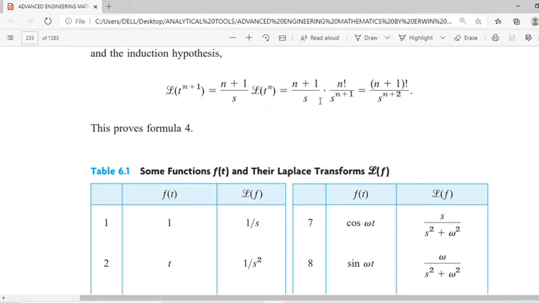So substitute these values. I think we have already discussed the computation of L of t raised to n. So this is n plus 1 factorial by s.